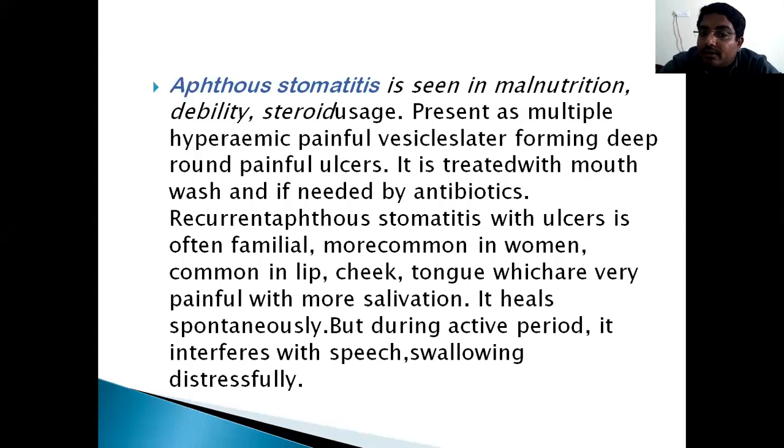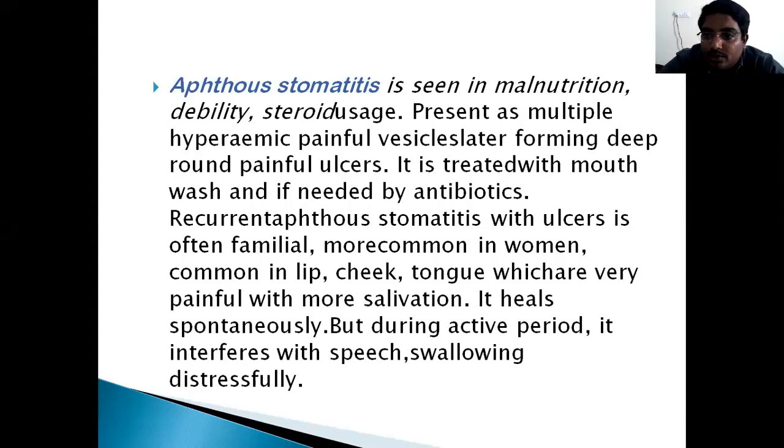The recurrent aphthous stomatitis with ulcers is familial and more common in women, occurring on the lip, cheek, and tongue. It is very painful, with more salivation. It heals spontaneously, but during the active period it interferes with speech and swallowing due to the pain.